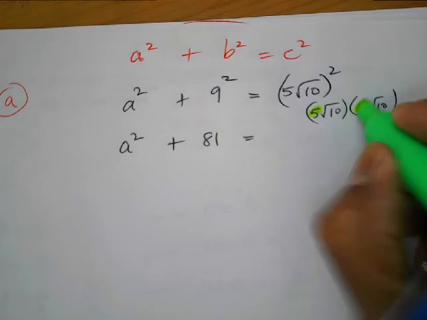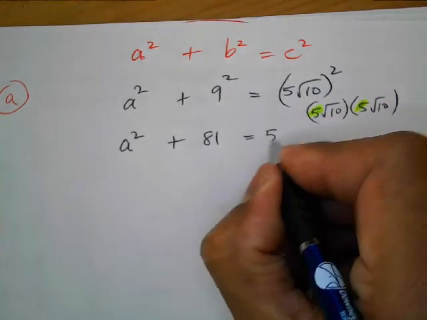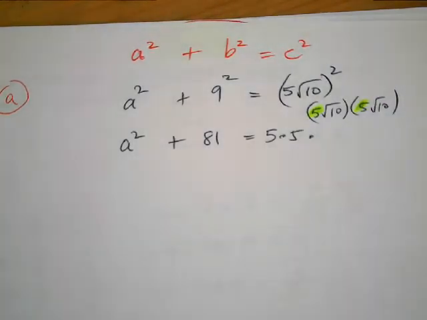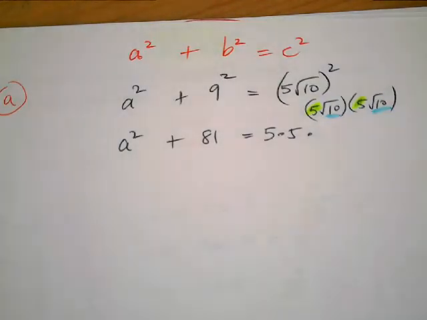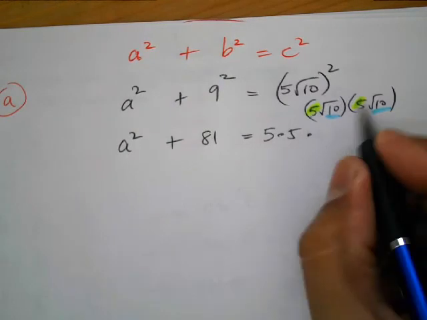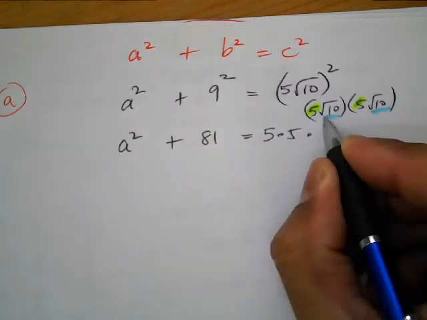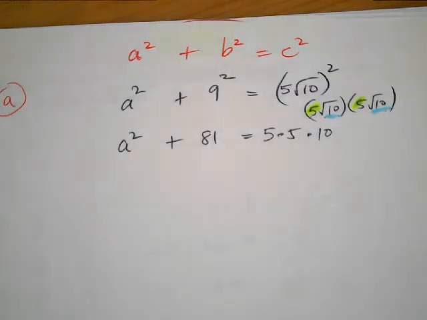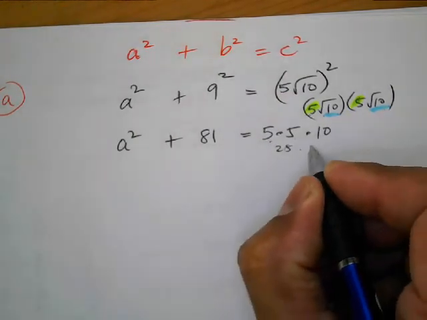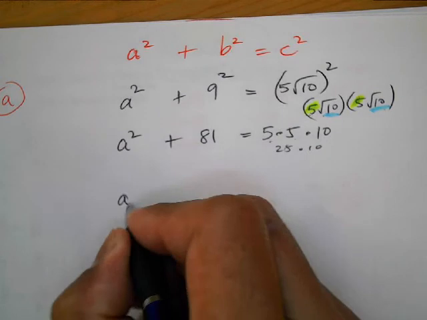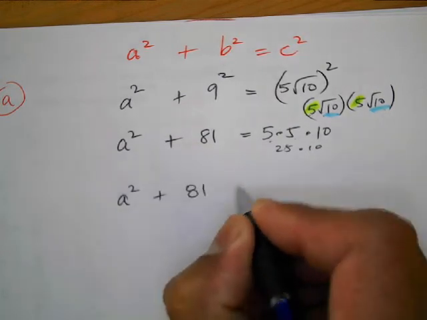This 5 times this 5, so it's 5 times 5 times, and then what? Square root of 10 times another square root of 10 is 10. So it's 5 times 5 times, but then when you multiply these two, the square root of 10 with the square root of 10, it's a whole number 10. 5 times 5 is 25. 25 times 10, that's 250.